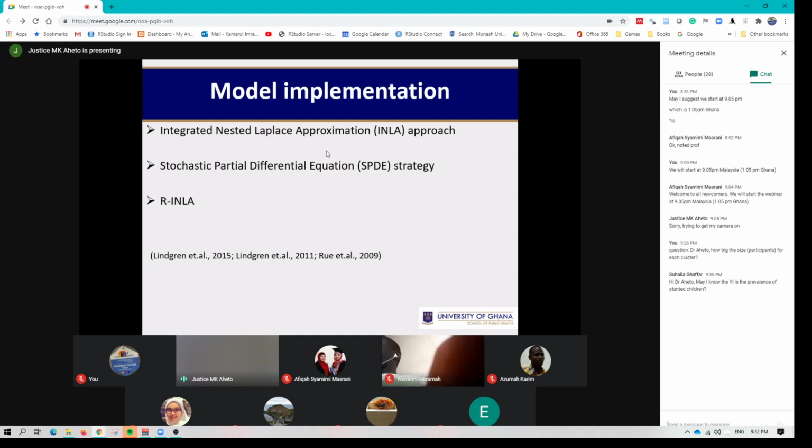And once we're able to do that, we can use it to make predictions, even for the areas where we don't have samples taken. Okay, so finally, the implementation was done in the R-INLA software.